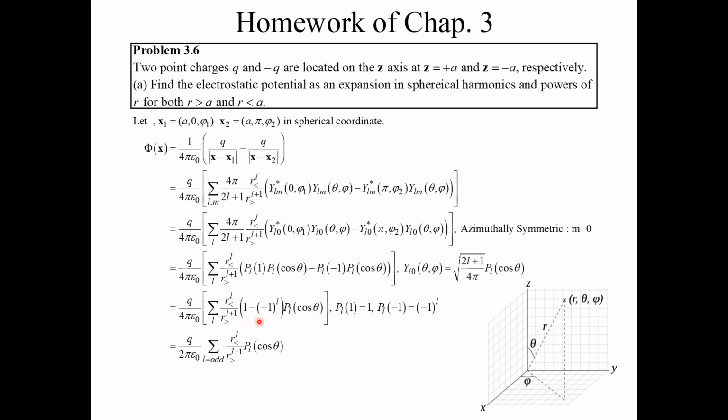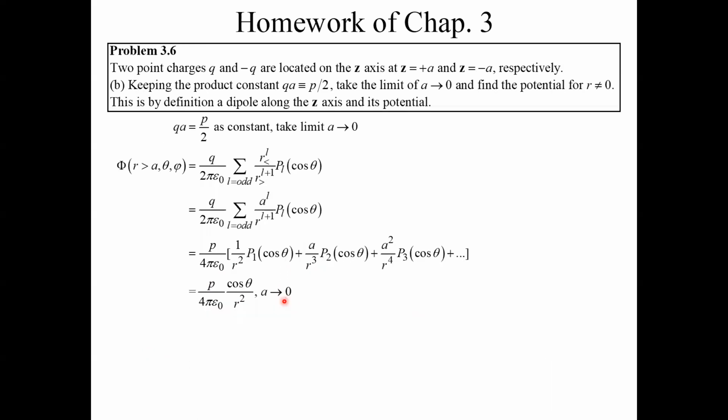That means for the even part, where l is an even integer, the coefficient is 0, so only the odd integers survive. So here we can write down our potential in this form. This is for part A.